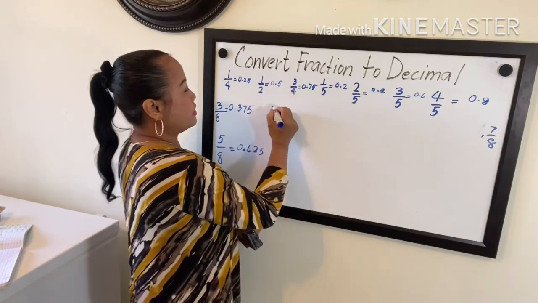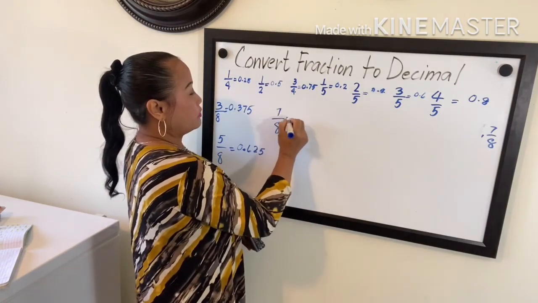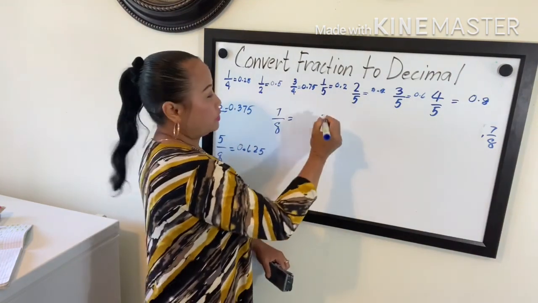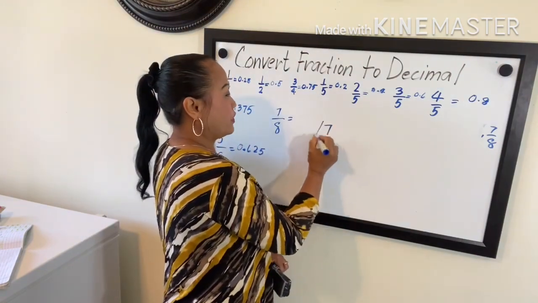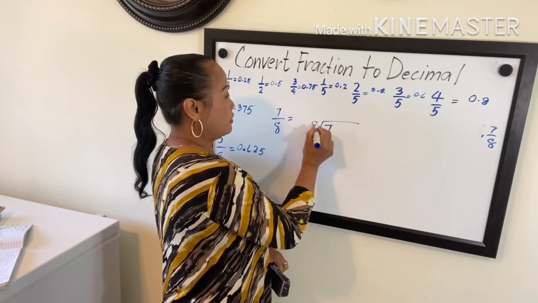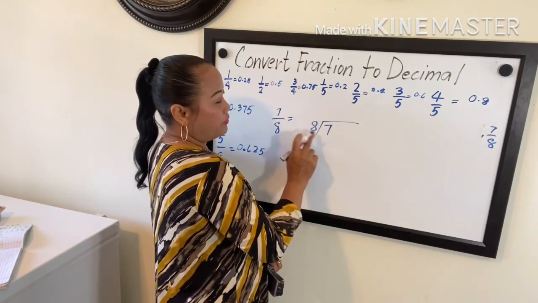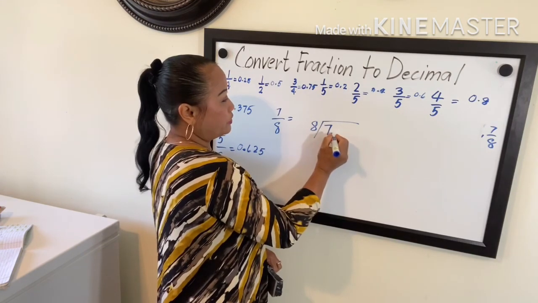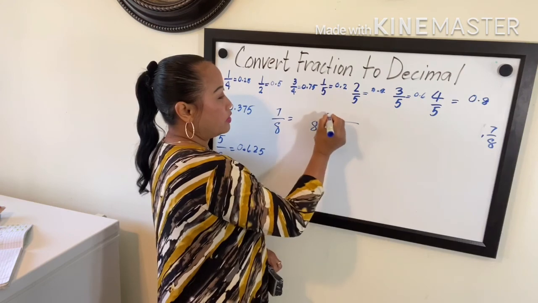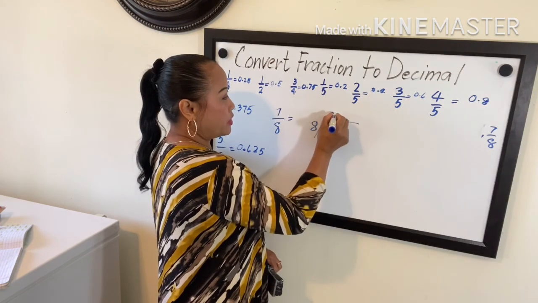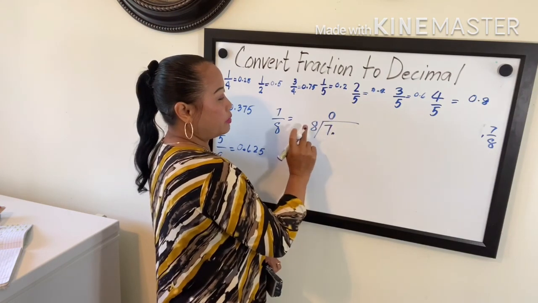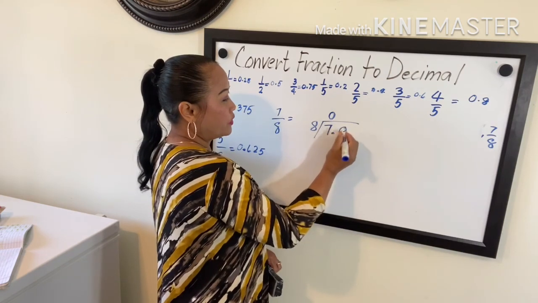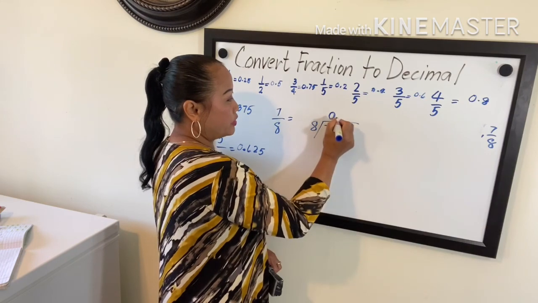So 7/8. We'll solve this problem. Okay, so 7 divided by 8. 7 divided by 8 cannot be done, it's 0. So we'll put 0 here since 7 divided by 8 is 0. And then we'll add a decimal point, and then a 0, and straight on top.